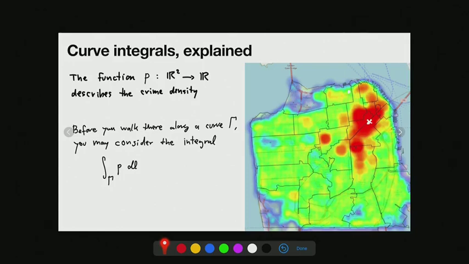If you walk along any curve, then, roughly speaking, the curve integral of the crime density will tell you the probability of getting robbed, for example. So let's say you walk along some curve to your hotel. Then you can compute the curve integral of the crime density, and this will roughly tell you how safe it is walking there. Is that path a good idea or not?